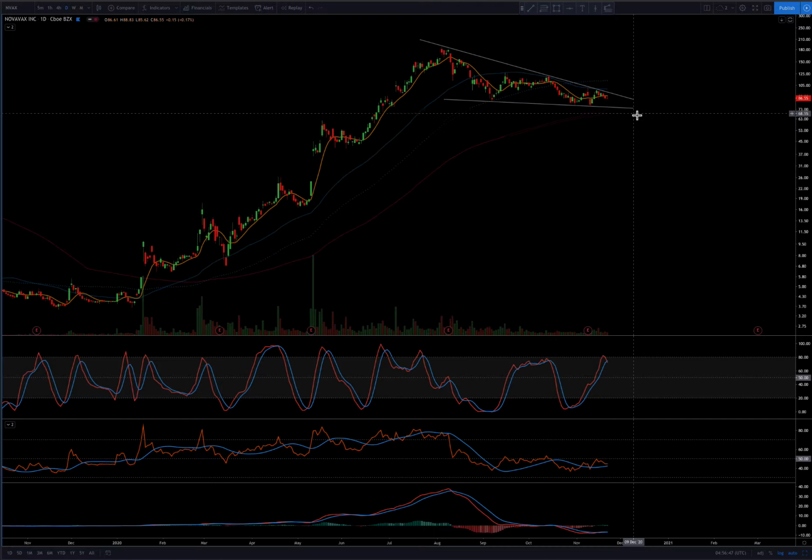So we can maybe think that price will be supported by the 200 potentially. Price may be supported by the lower trend line or the 200 moving average.